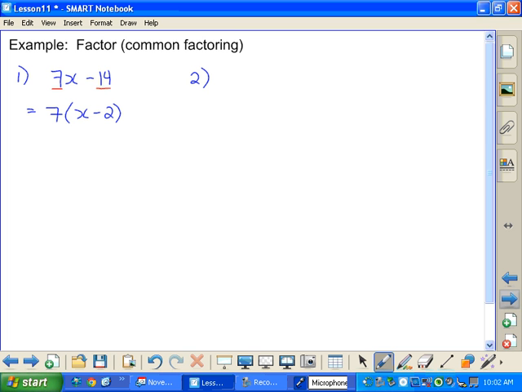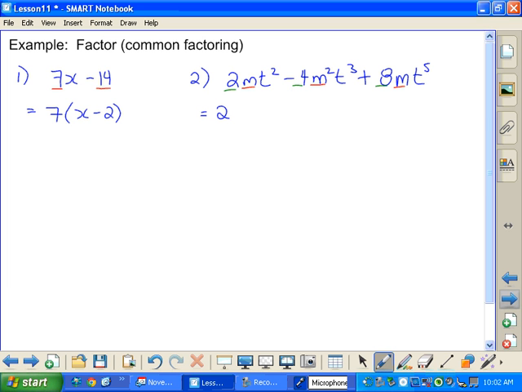So for example, let's go with 2mt squared minus 4m squared t cubed plus 8mt to the 5th. Okay, so this is definitely heading up the difficulty scale. So you look at your numbers first. I have a 2, a 4, and an 8. What's the largest number I can divide each of those by? 2 is the answer. Next, I look at the m's, and the rule is it's the one with the smallest exponent.